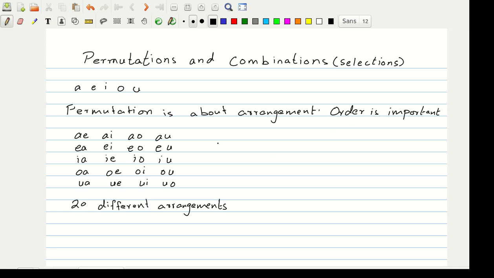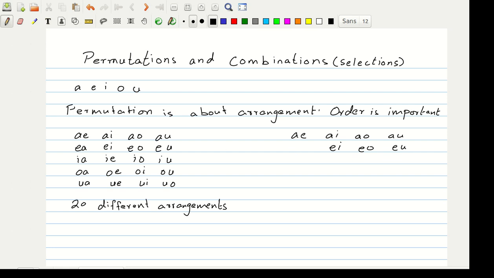Okay, so let us talk about combinations of 2 characters out of these 5 characters. So we could have AE, AI, AO and AU. Now next we can have EA, but AE is already considered, so we will not consider EA, but we will consider EI, EO and EU.